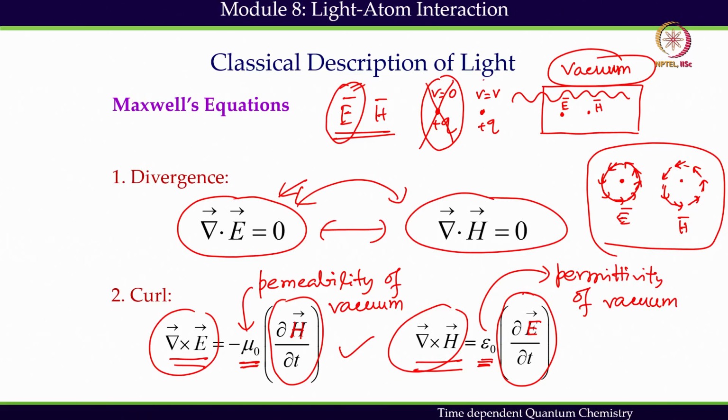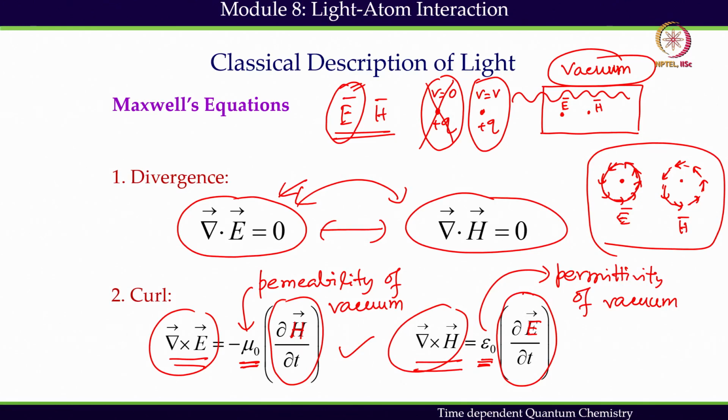It can only exert force on a moving charged particle. So there is a primary difference between how electric field and magnetic field behave toward a charged particle, and that is the consequence of the Lorentz force. We will not discuss the Lorentz force here, but this is something you should remember.